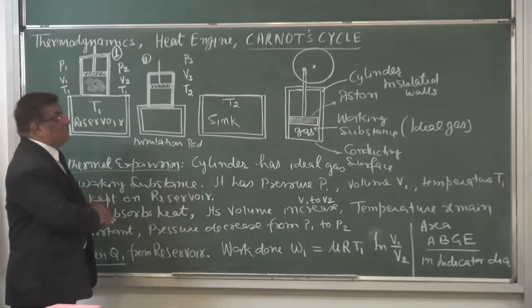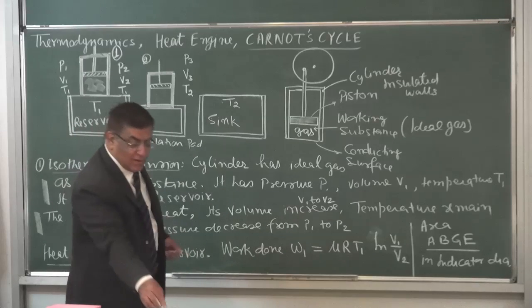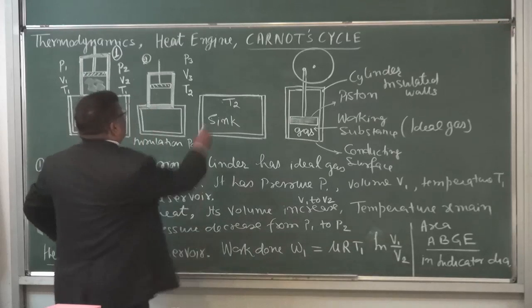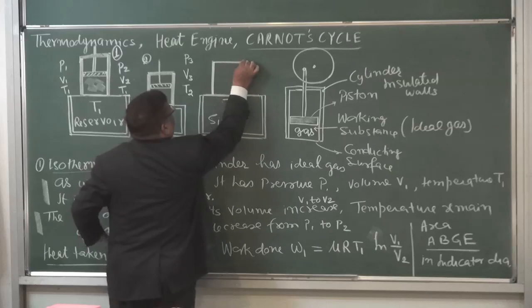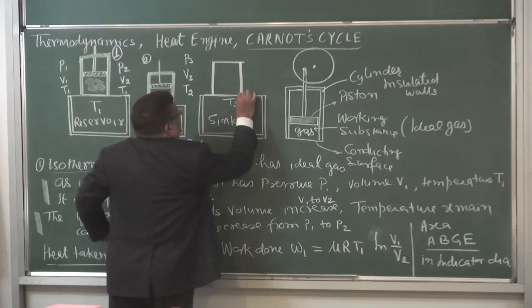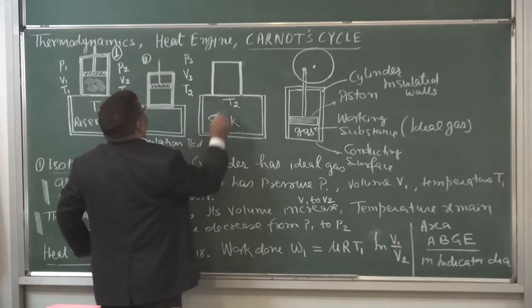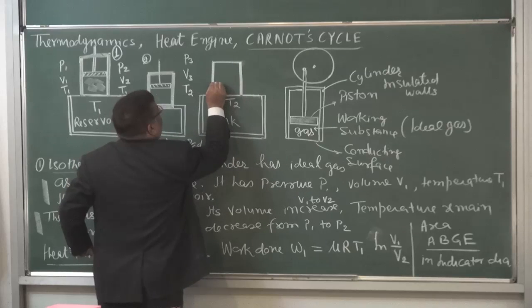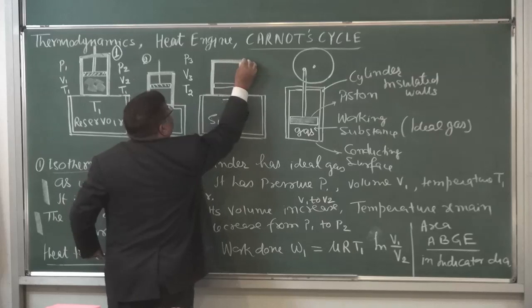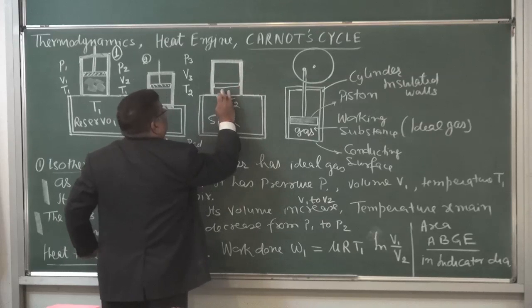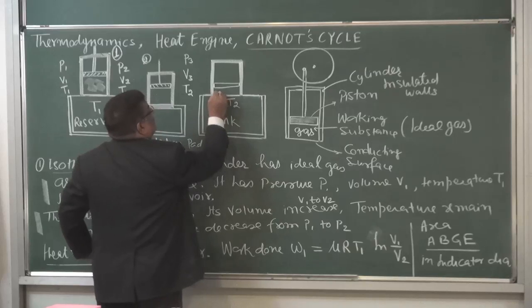Now heat goes to the sink. For that, we pick this cylinder up and place it here. Now these three sides are adiabatic, insulated, and this one side is conducting.